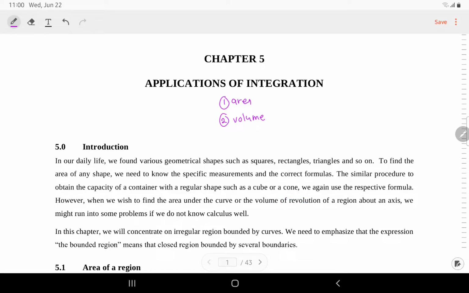For example, for a square where each side measures x, the area is x squared. For a triangle, A equals 1/2 times base times height.